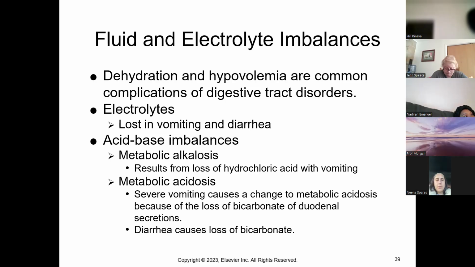Sodium is also lost in vomiting and diarrhea. Gastric secretions are high in chloride and are in that stomach. So when you vomit, that hydrochloric acid is going to come out, and that can cause you to develop metabolic alkalosis.